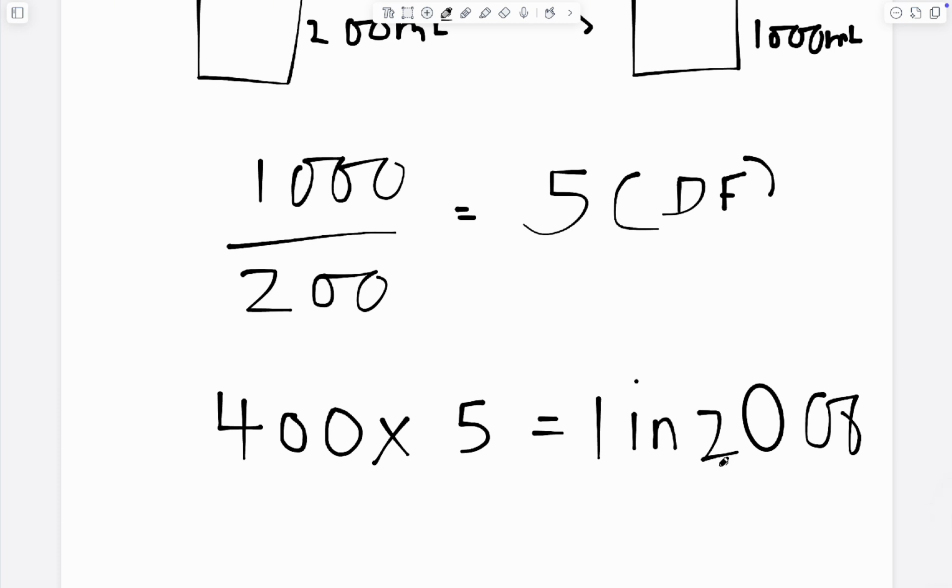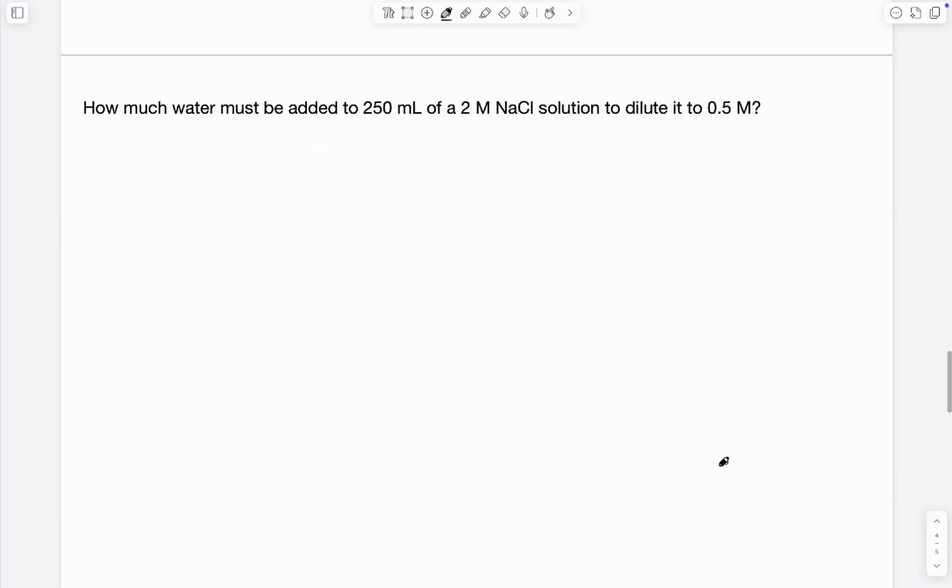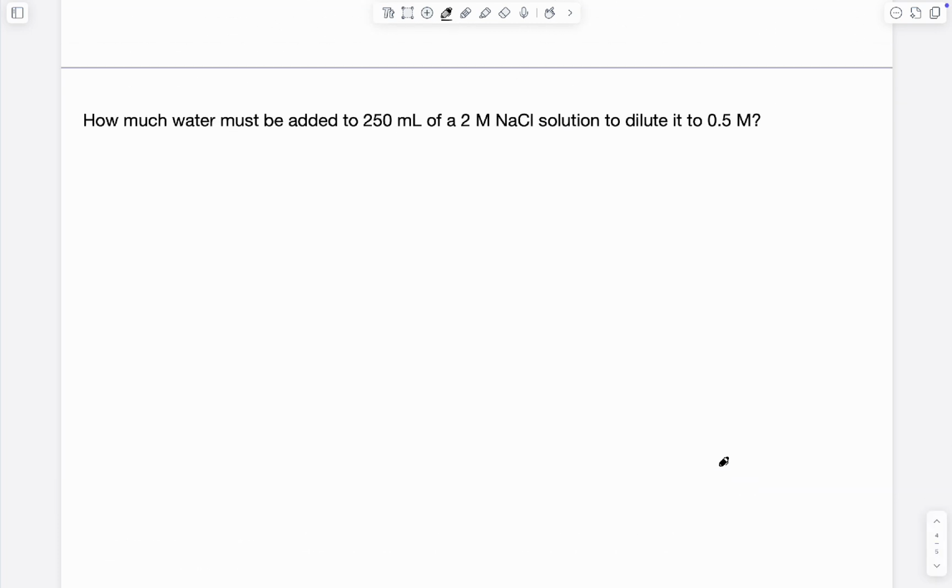Then we've got our final question, which is how much water must be added to 250 mL of a 2 molar NaCl solution to dilute it to 0.5 molar. This incorporates molarity, and we've dealt with molarity in the previous videos.